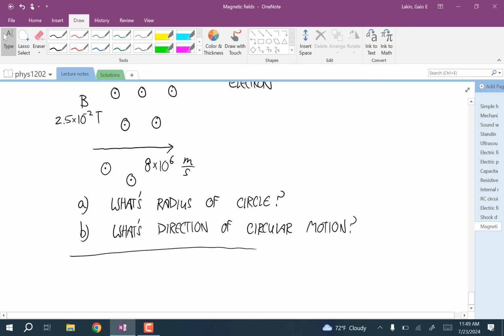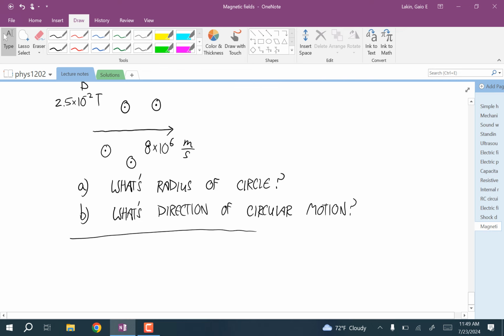Okay, well, the first thing we're going to do is just calculate that force magnitude and figure out the radius from the centripetal acceleration. The force is equal to the absolute value of the charge of an electron times the speed, which is 8 times 10 to the 6th, times the magnitude of the magnetic field, 2.5 times 10 to the minus second.